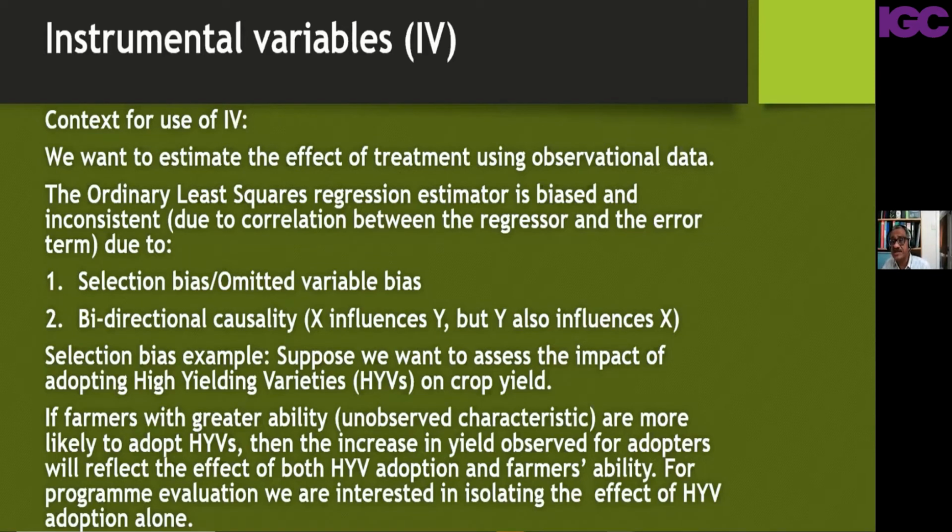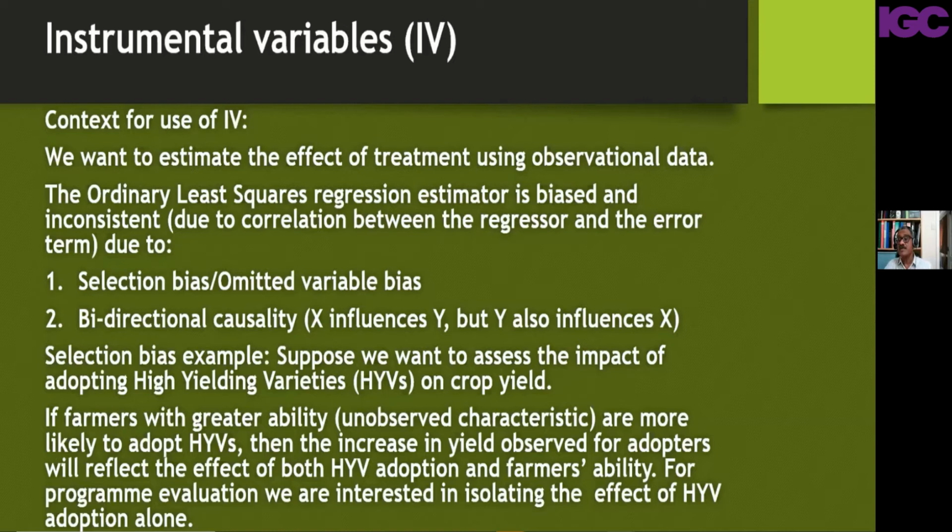Now, we have a situation where farmers with more ability are firstly more likely to adopt, and at the same time, farmers with greater ability are also likely to have a higher yield. So this unobserved variable, which is ability, affects both the participation in the program and the outcome in the program. So as we said, ability affects the decision of the farmer to participate in the program.